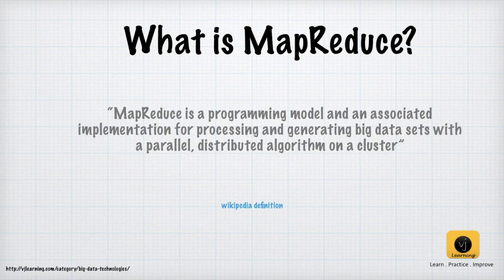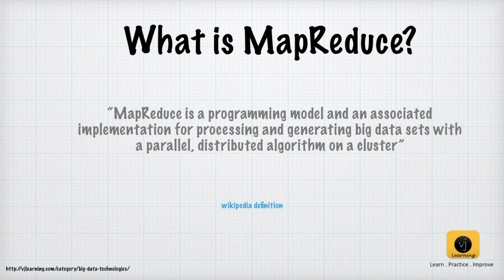As per the wiki definition, MapReduce is a programming model associated with the implementation of processing and generation of big data sets, like in parallel and distributed algorithms on a cluster. It's more complicated to understand in that English, but overall it's a programming model or a framework which can help you process a large amount of data in parallel, by applying a specific algorithm in a huge cluster where one or more distributed systems are in there.